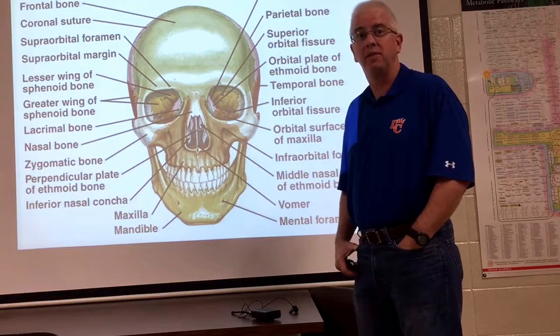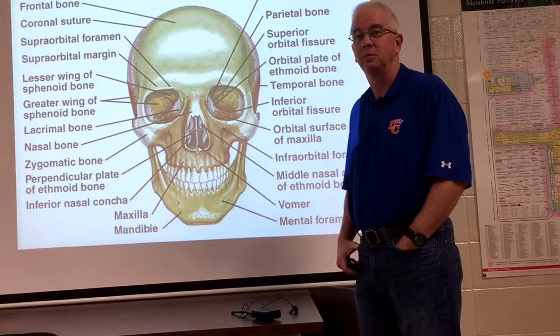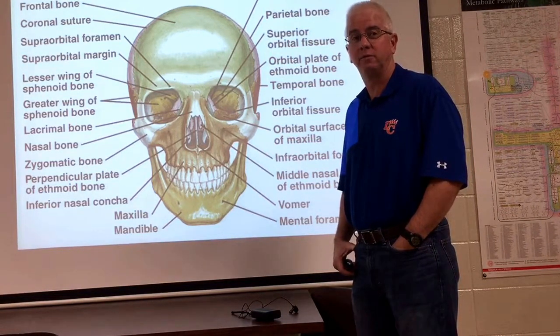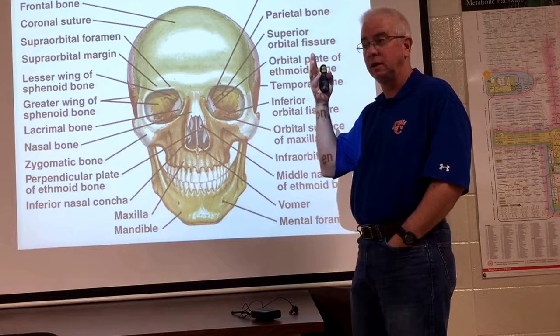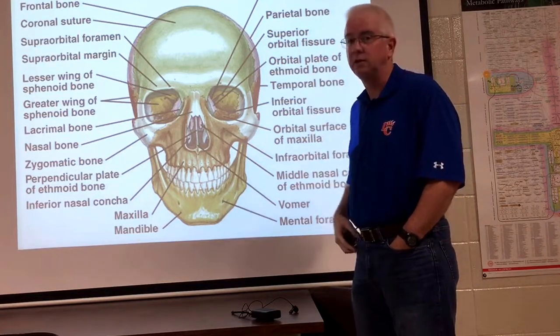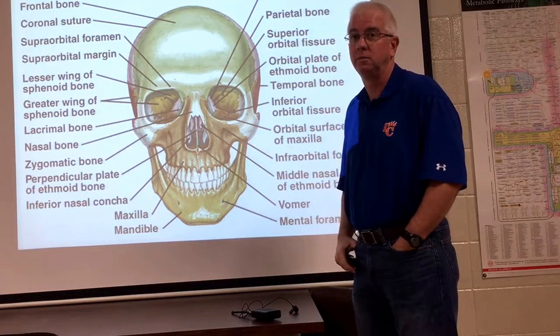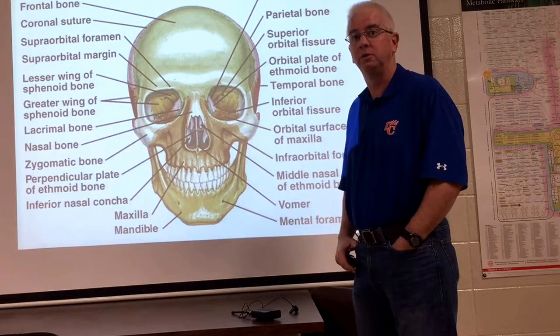So I'm going to put something in there for you. There's a muscle that passes through there that's really important for chewing called the temporalis. It goes from the flat portion of the temporal bone and runs down to the coronoid process of the mandible. So it helps with chewing. So we're going to put something on there.